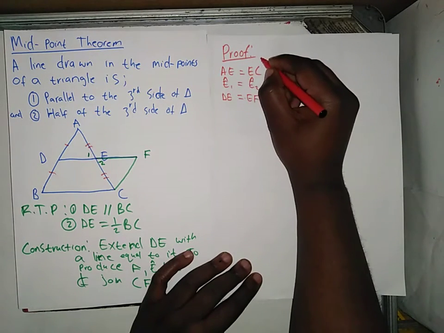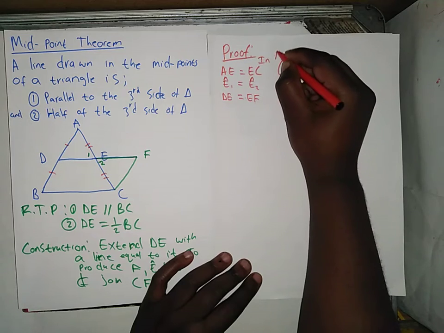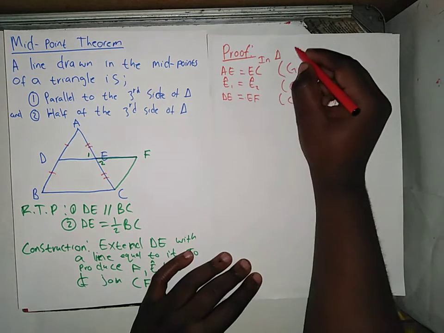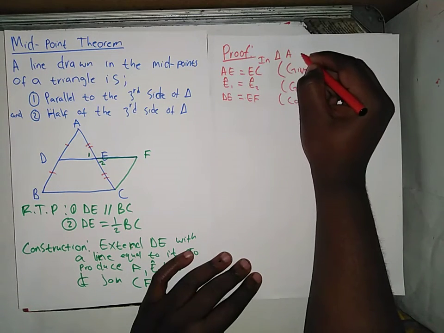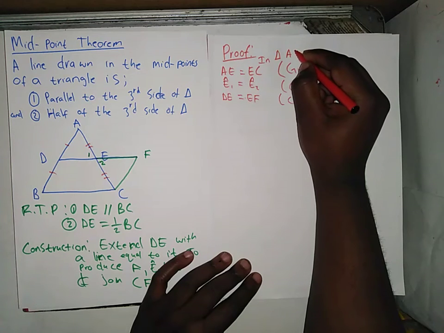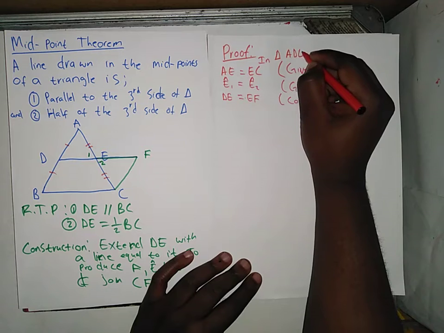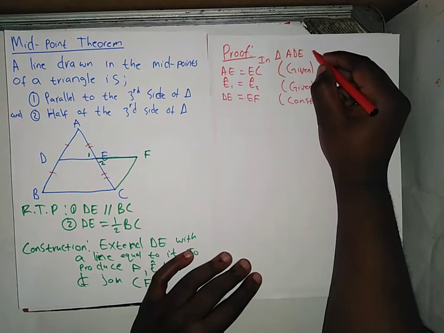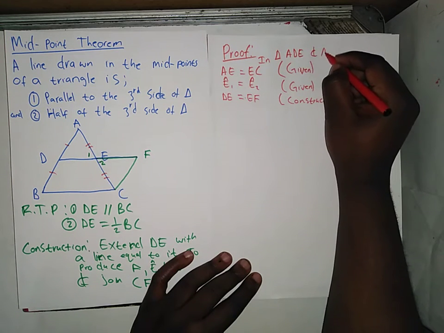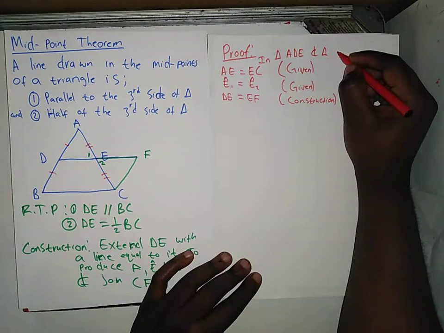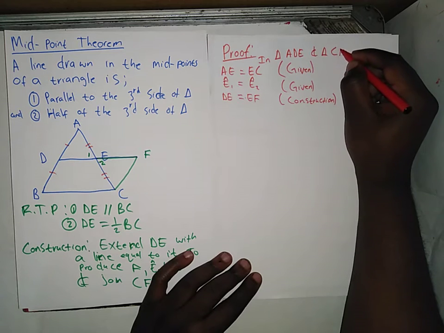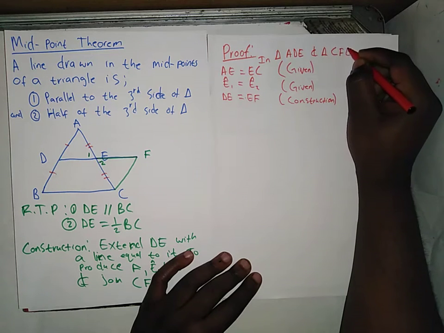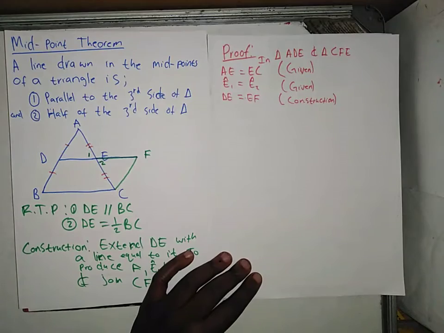So you say in triangle ADE and triangle CFE. Okay, then what is happening here?